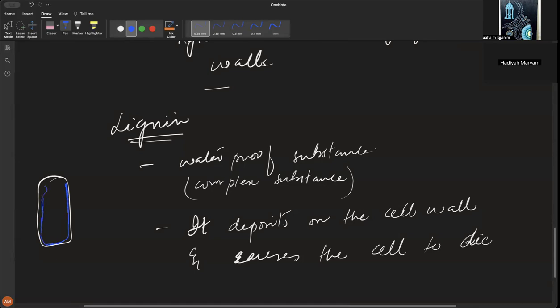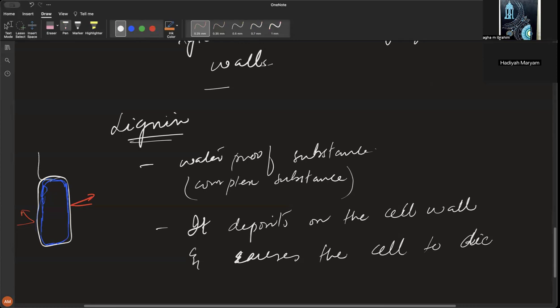It will no longer be able to exchange water. This is a waterproof substance that is going to block everything, so nothing can enter the cell wall. Gradually the cell will start to die because it requires water and nutrients and is not going to receive them due to the deposit of lignin.